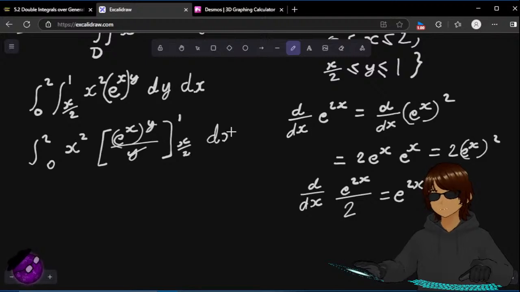Why do I feel like this is wrong? If we derivate this, wait.